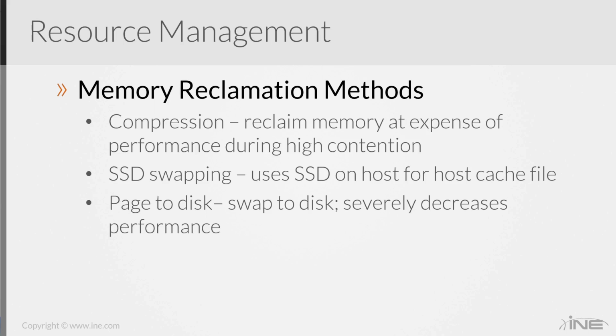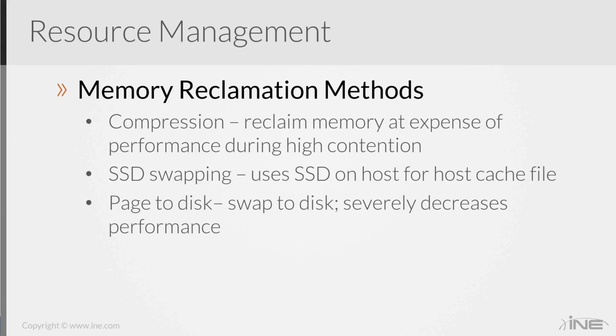The final memory reclamation method we have is to page the VM memory out to disk. This would be used only after the other methods of reclaiming memory are unable to reclaim memory from the host.